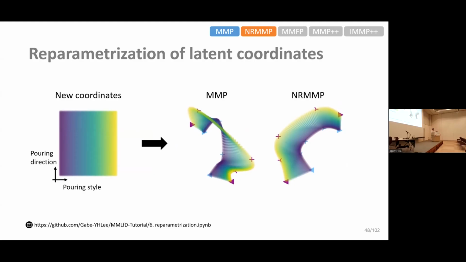Assuming we have labels for each data point in terms of direction and style, we have found reparameterization maps by performing interpolations. And as you can see, in the case of MMP, it is difficult to find a good reparameterization map, but NRMMP produces a better reparameterization.